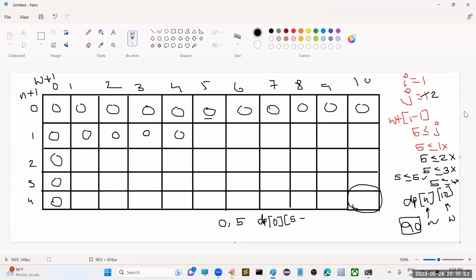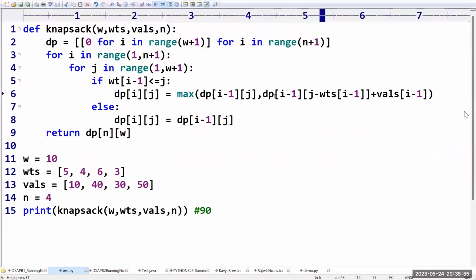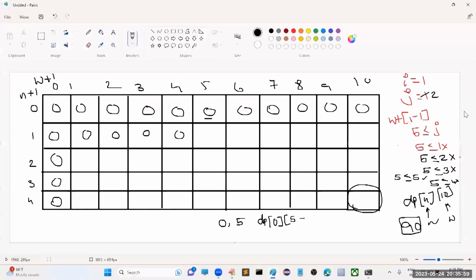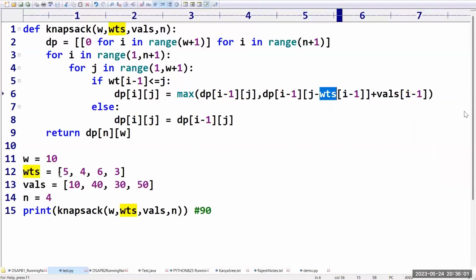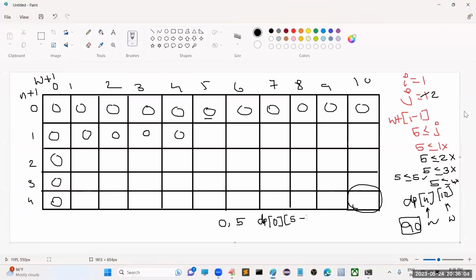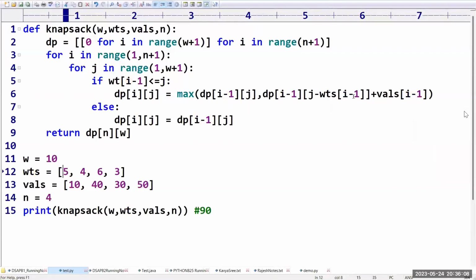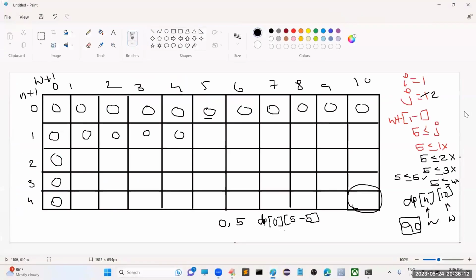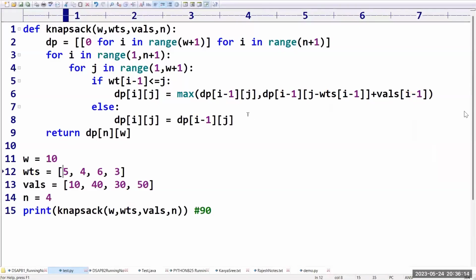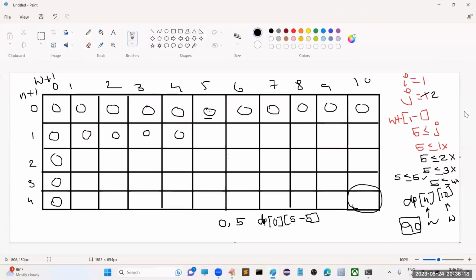What is the i value here? 1, right? So 1 minus 1, that is 0. Weight of 0. What is the weight of 0 here? We are going to get 5. So 5 minus 5. That value we included. So now j minus this entire thing will become dp of 0 comma 0. What is the dp of 0 comma 0 value here? dp of 0 comma 0 is 0 only.